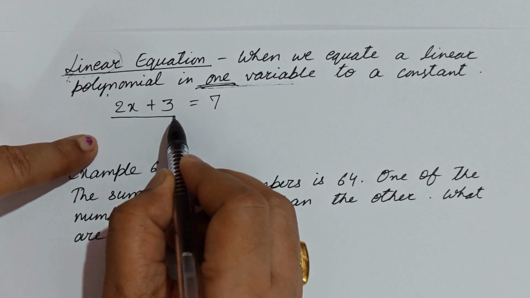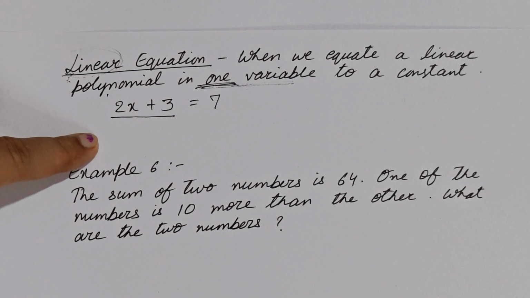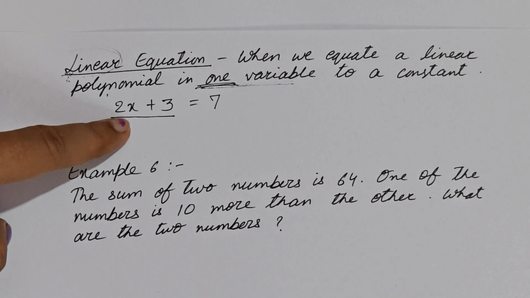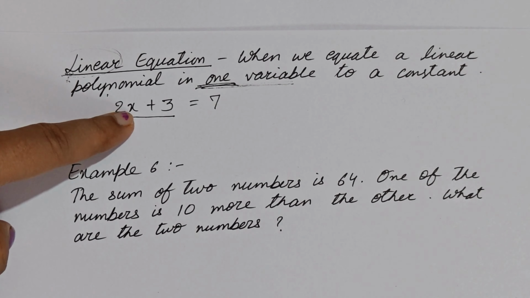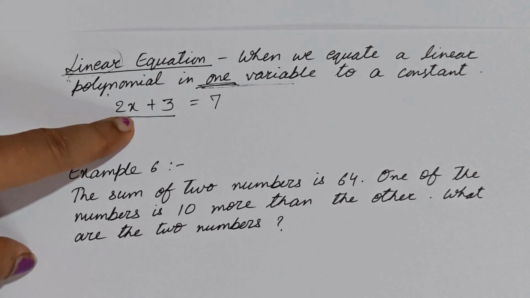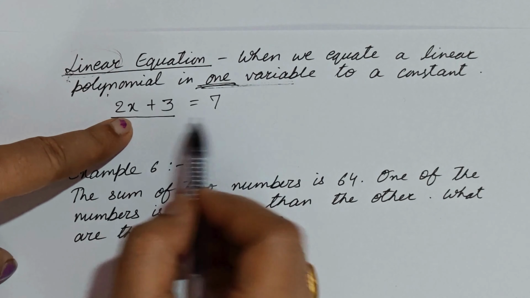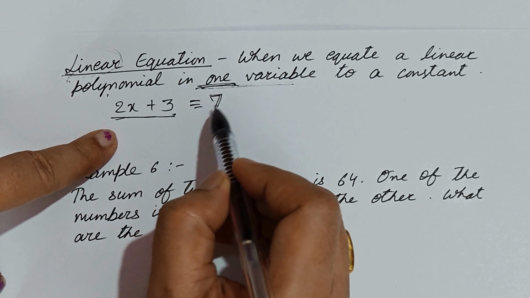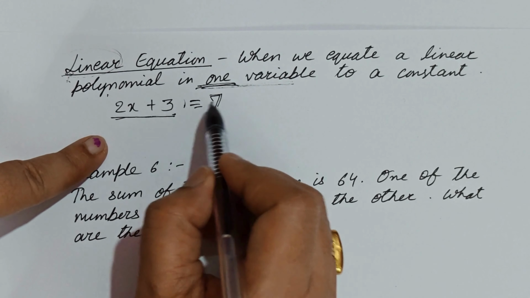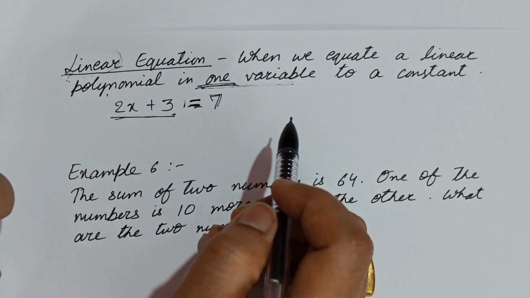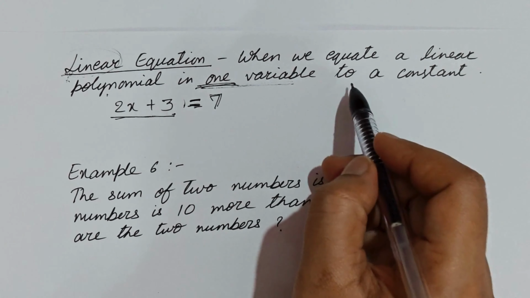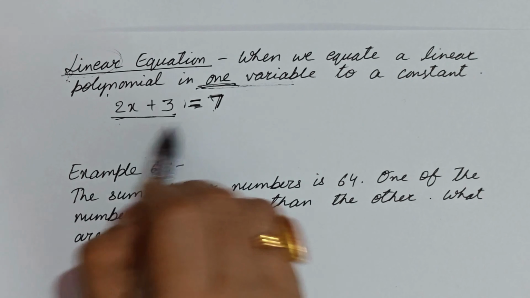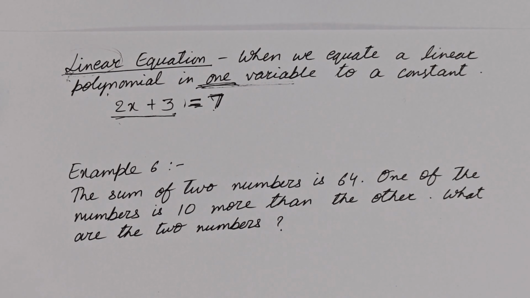This is a linear polynomial with the variable x, and you can say the highest power is 1. So this is the linear polynomial, and this is the linear equation. How? Because we are telling that this linear polynomial is equal to 7. To a constant. On the right hand side, the constant is that. So this is linear equation.